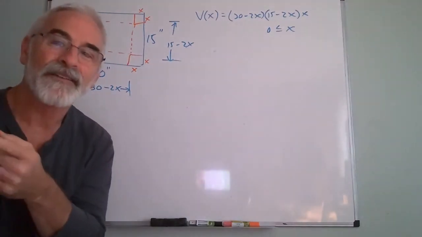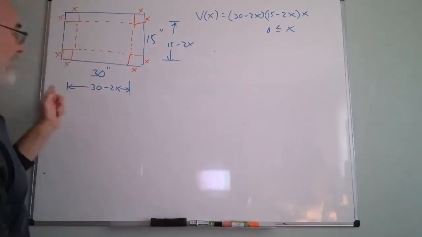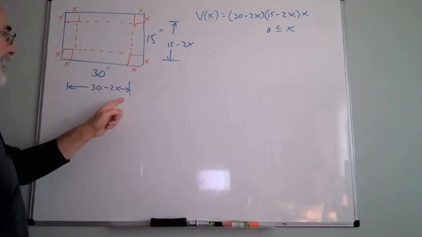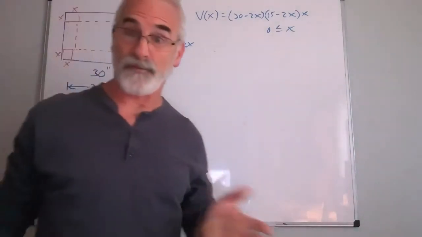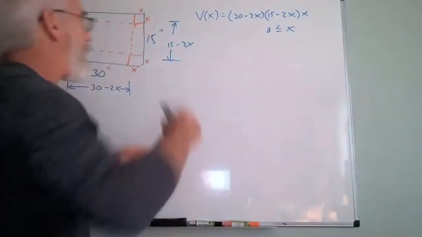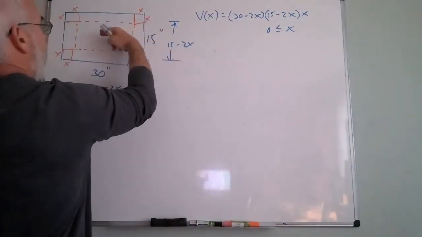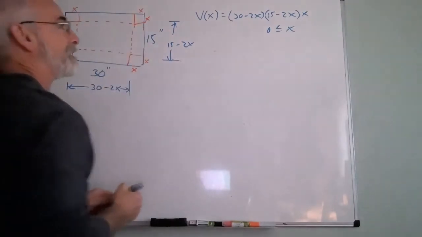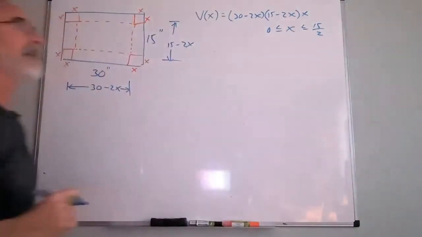No more than half. No more half of what? The length. Which one? The shorter one, the smaller one. The shorter one. So 7.5 or 15 halves. Does everybody agree? If I had cut it 7.5, then there's no more box basically. So I'll say 15 halves or 7.5.